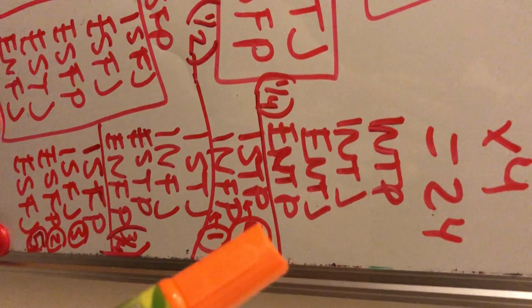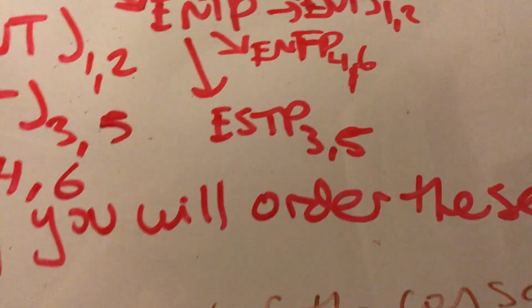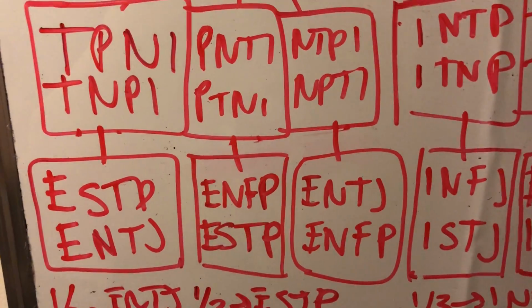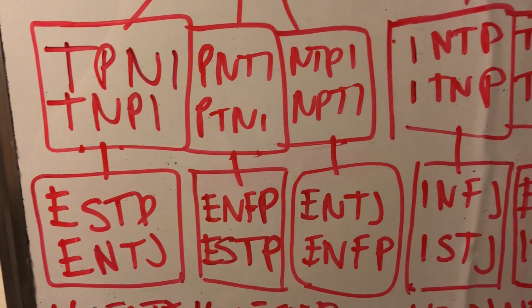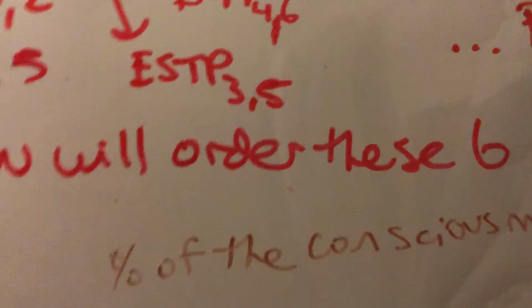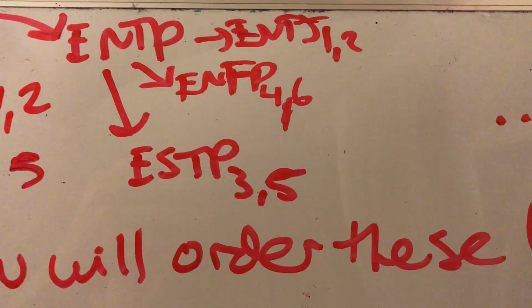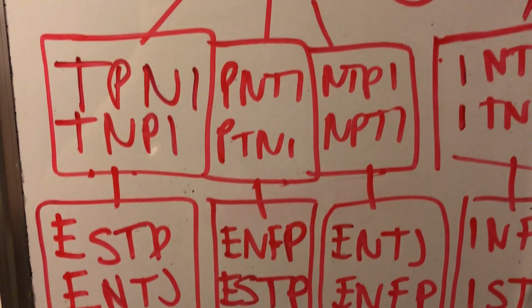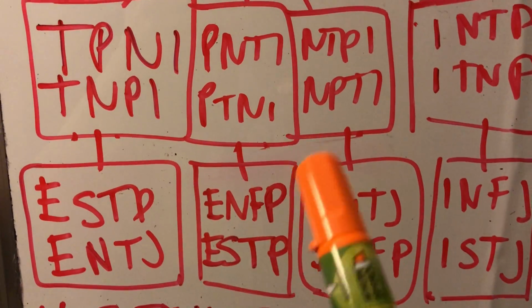So following this rule, on the next subtype I have for ENTP, my preferences for these possible combinations were the ENTJs again, NTPI and TNPI. And then my second preference was the ESTP, which in this case correspond to the TPNI and the PTNI.